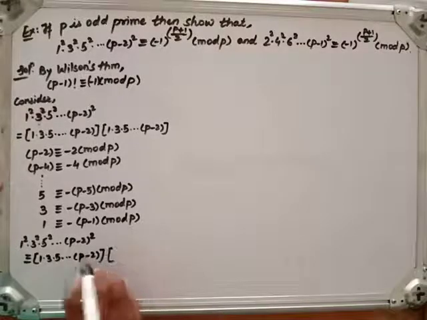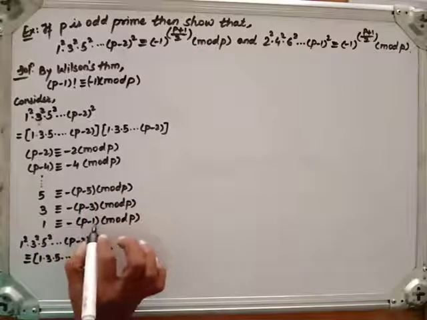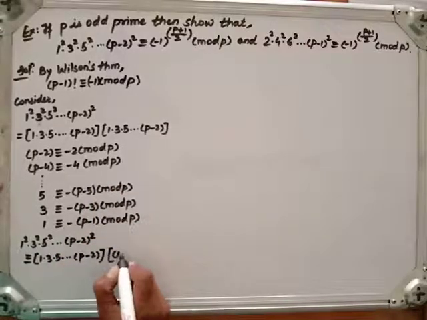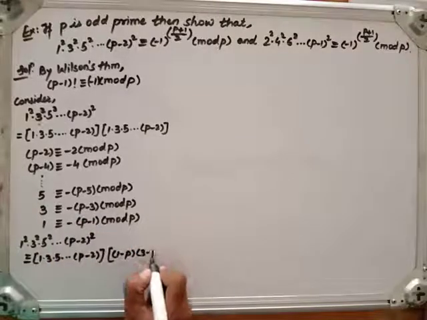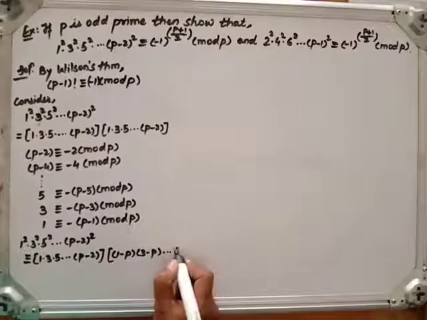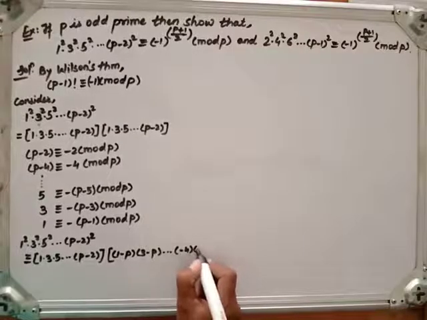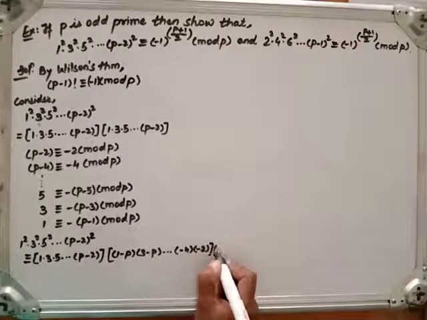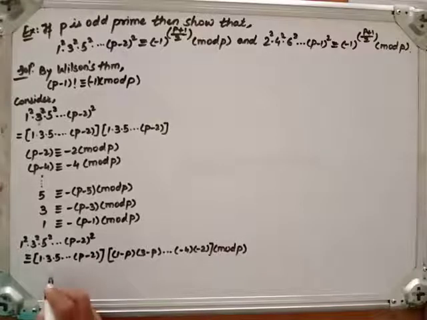In another bracket, this 1 can be replaced by minus of (p minus 1), that is 1 minus p, again this is 3 minus p and so on up to minus 4, minus 2, modulo p.